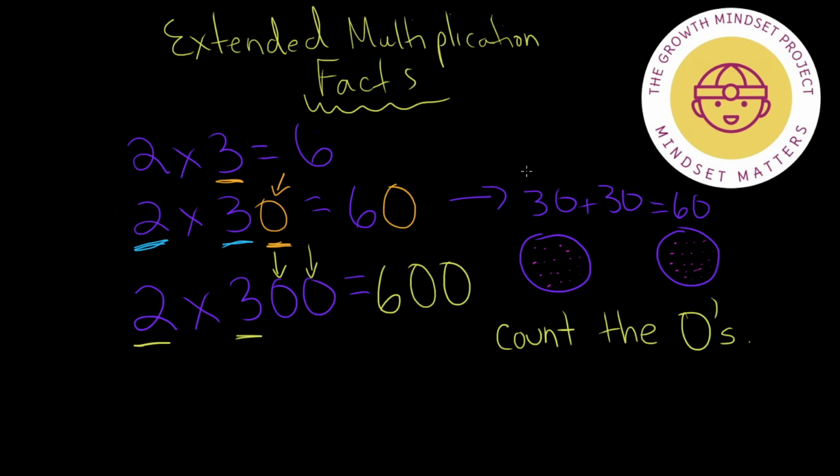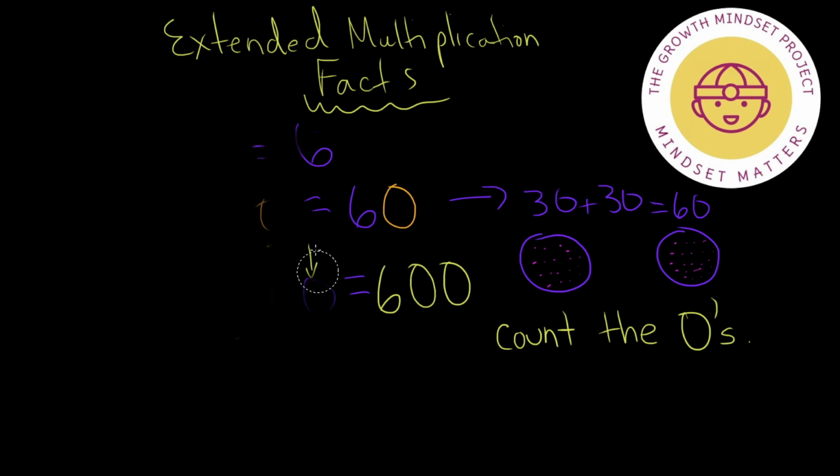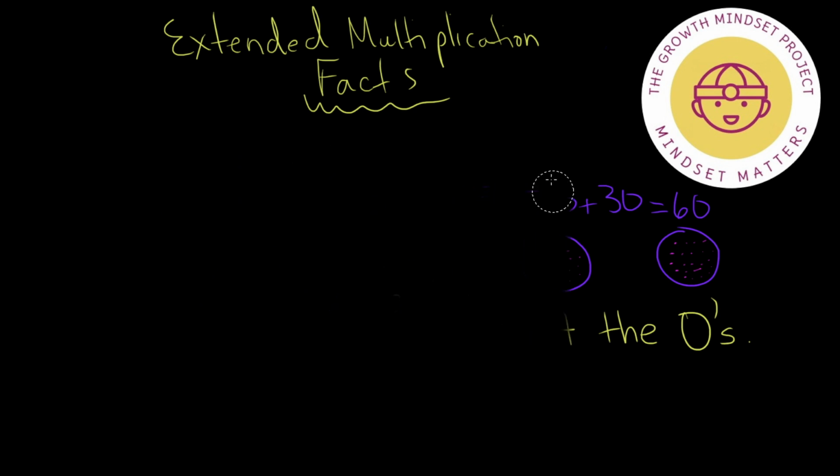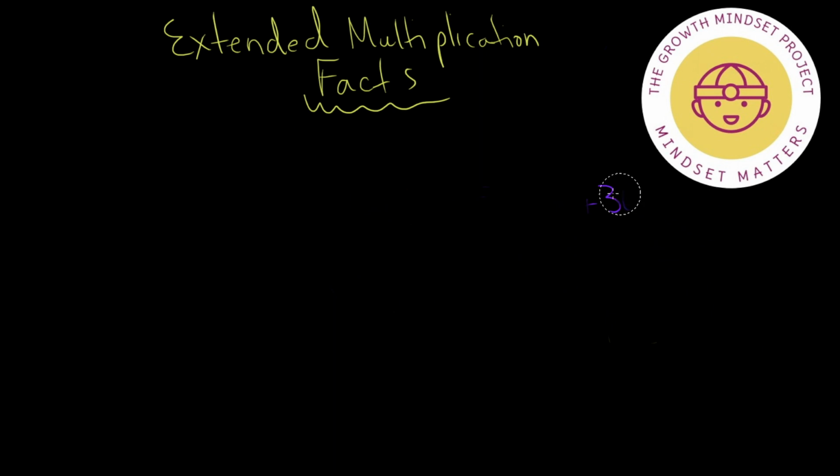Now you might be asking yourself, okay, well, that's pretty easy when only one of the numbers has zeros in it. Well, what about if both numbers have zeros? Well, let's look at that real quick. I bet you can figure out, before we even start writing, what you would do if both numbers have zeros in them.